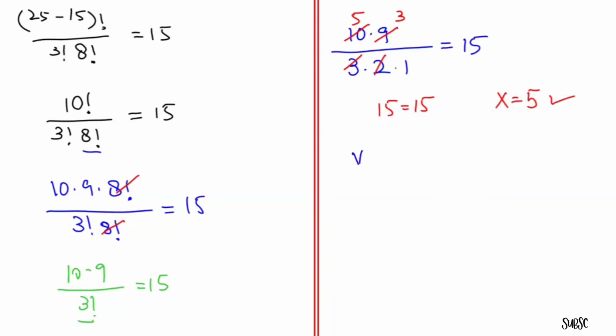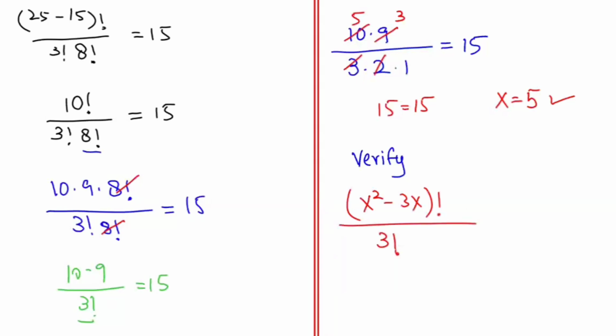Now we are going to verify my second x value, that is negative 2. Our expression is (x² − 3x)! over 3! 8! equals 15. Plugging in x equals negative 2: ((−2)² − 3 times (−2))! over 3! 8! equals 15.